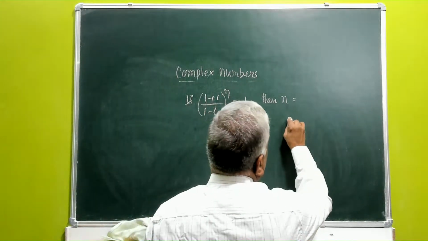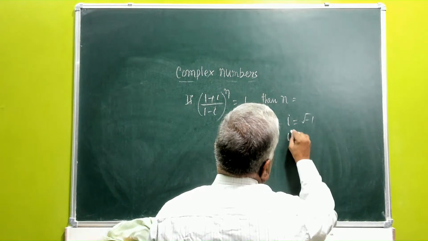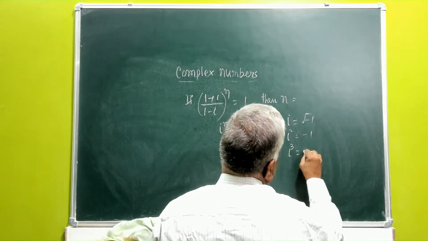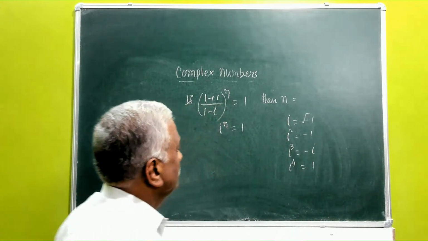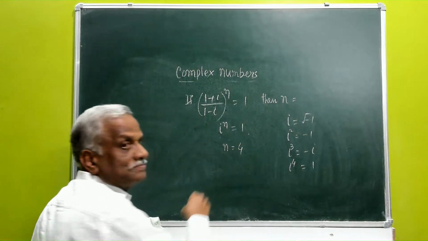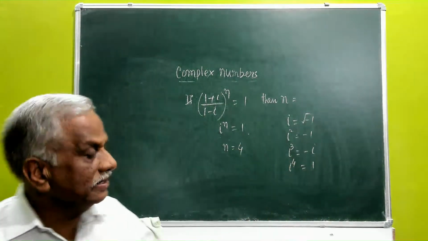See, you have to recollect. i is equal to root of minus 1, i square is equal to minus 1, i cube is equal to minus i, i to the power of 4 is equal to plus 1. So because it is 1, therefore n should be 4. In the answer given, if n is equal to 4 is given, okay.